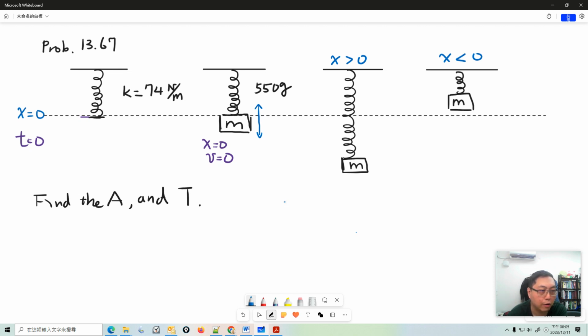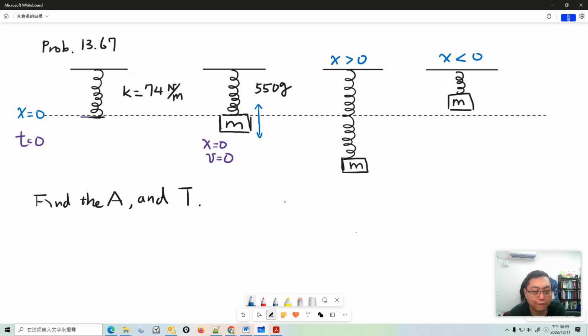After I release the spring, it starts a harmonic oscillation around the equilibrium position. Right now I don't know where the equilibrium position is, but I don't have to.